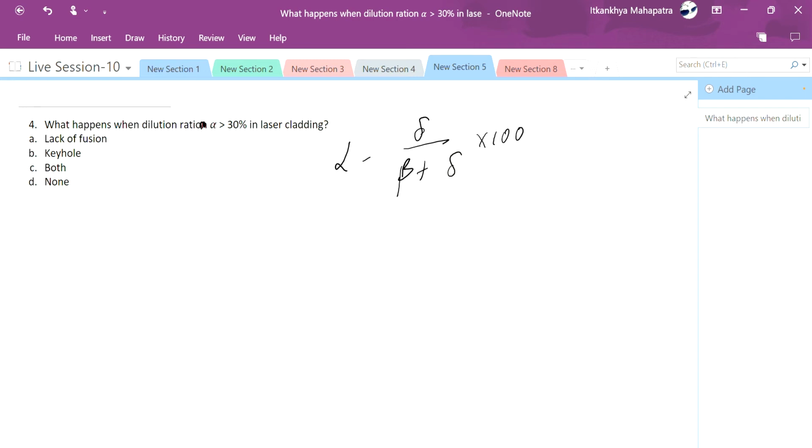The optimal range for dilution ratio between the first layer and the substrate is 10 to 30%.